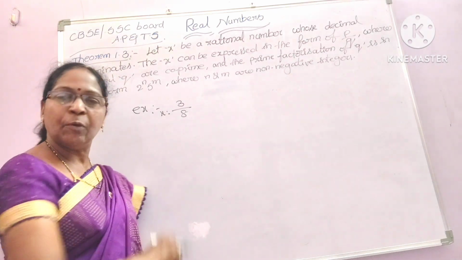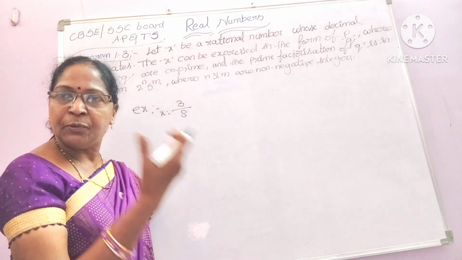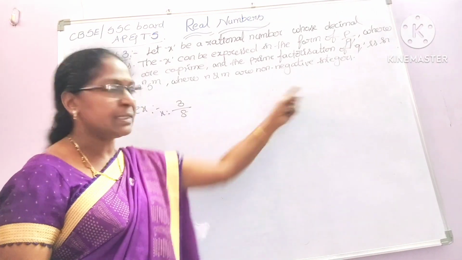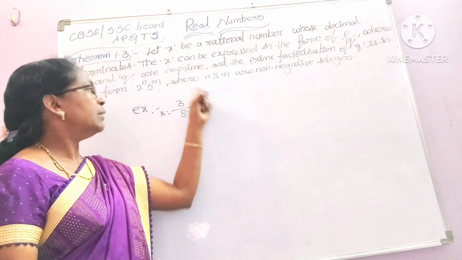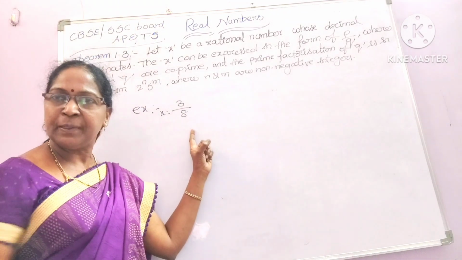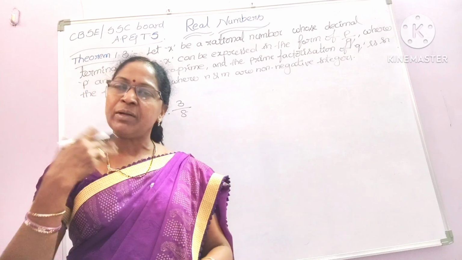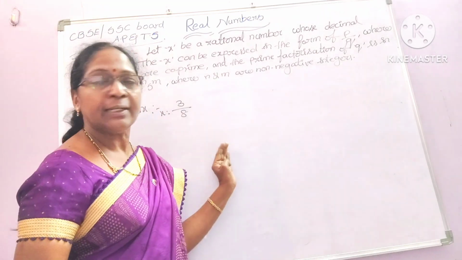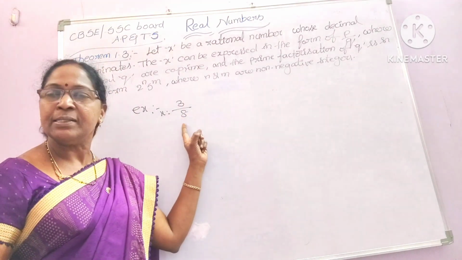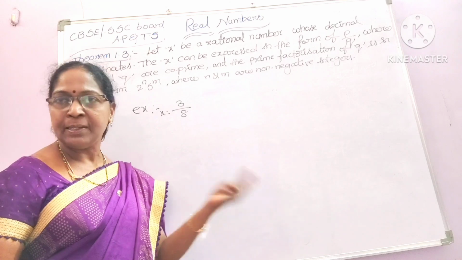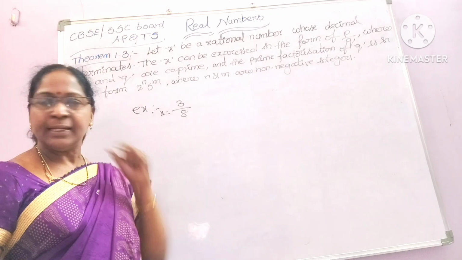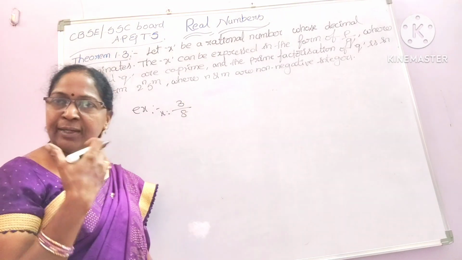Suppose q is in the form of 2 power n and 5 power m, where n and m are non-negative integers. Then this rational number is a terminating decimal. This number can be expressed as a terminating decimal or a non-terminating decimal. What is the condition for a terminating decimal? p and q are co-primes, and q is in the form of 2 power n and 5 power m, then it is a terminating decimal. That is the condition.